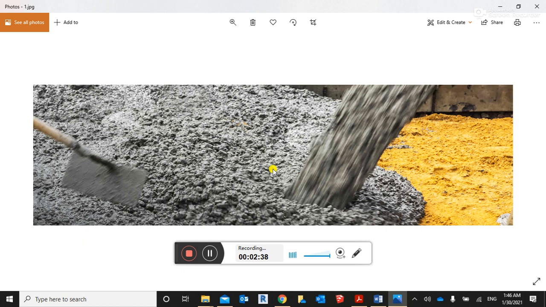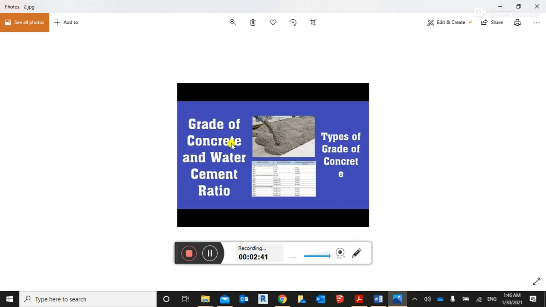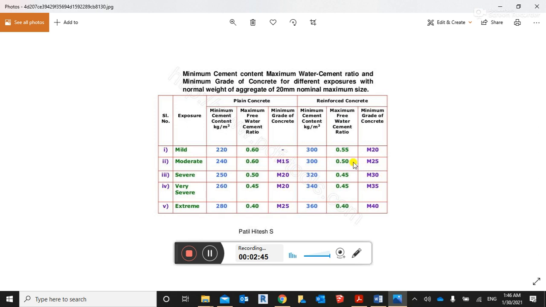Guys, this is a concrete mix, grade of concrete and water cement ratio. We can come to the point, guys. Sometimes we are facing some problems while pouring, casting the concrete. So many environments we face on site.